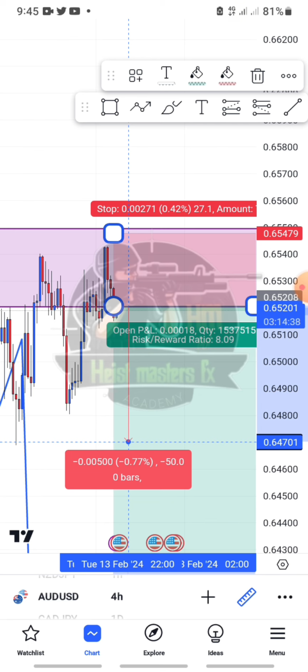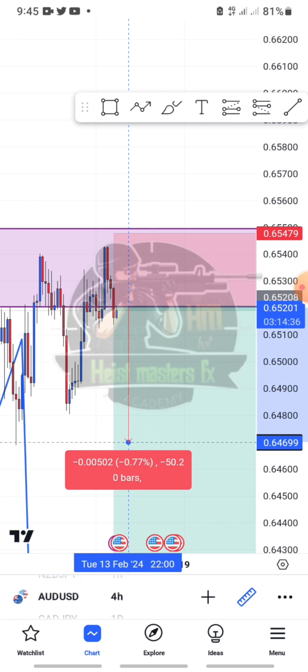Now I'll put it there. So that is our take profit, but I will adjust it depending on the market. So this is the TP and this is the SL, and as we said, it is one trade, one shot. So we are going to enter the trade now with you guys.